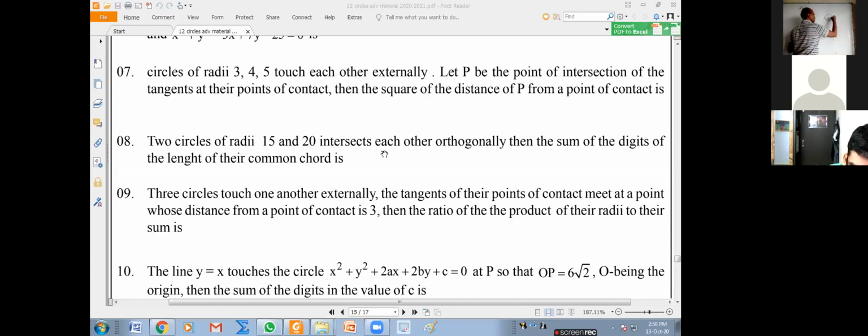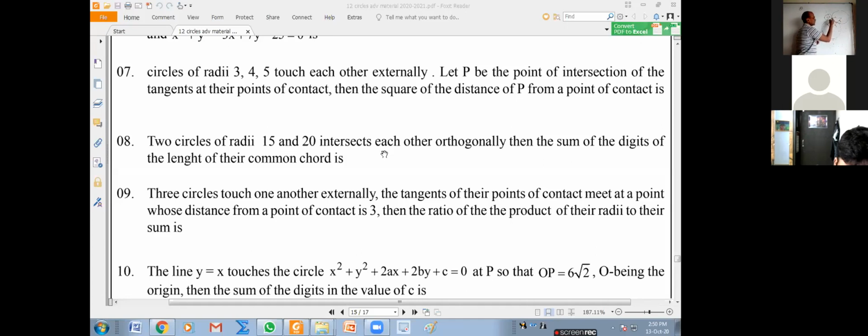So this is r1, this is r2, this is r3. They are not given, and 3 units is given. So this one, this one.